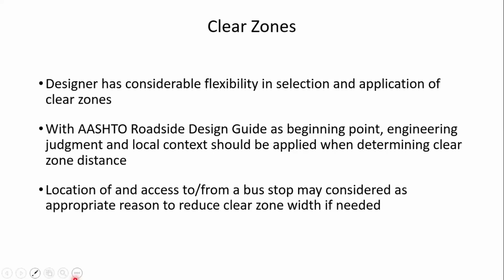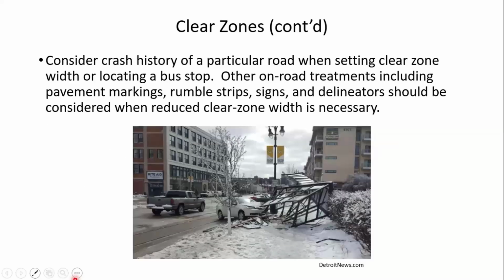And the location of and access to or from a bus stop may be considered as an appropriate reason to reduce the clear zone if needed. And here's what can happen with an obstacle of any sort in the clear zone.